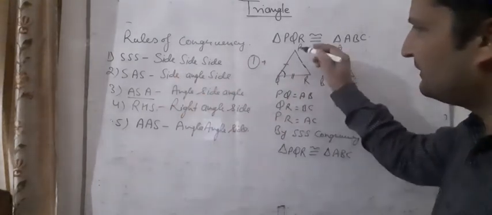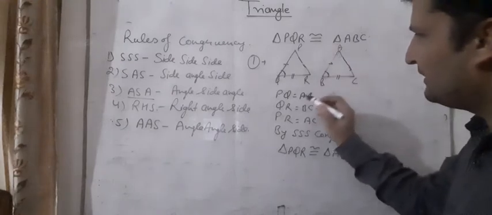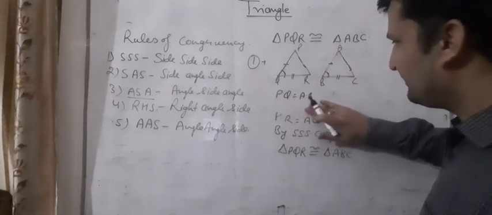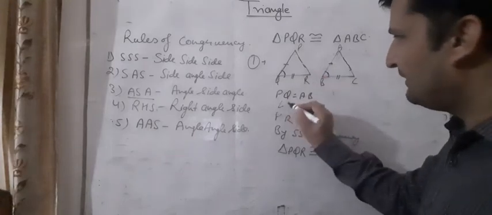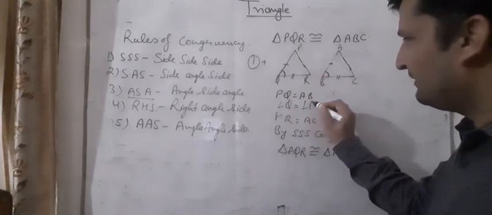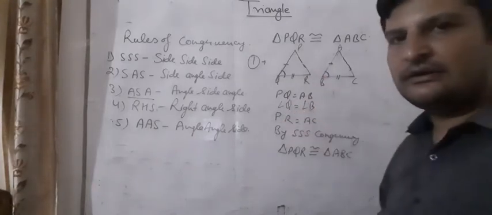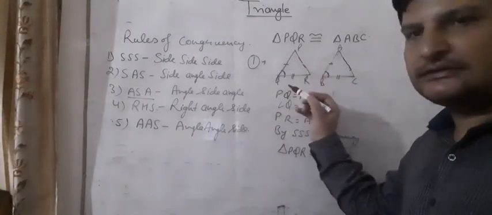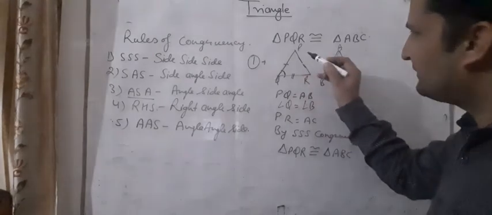So here, students, what we have written: PQ is equal to AB. We have already written it because we did it in the SSS property. And here angle Q is equal to angle B. You can write it like this in a proper way: start from where you are starting.